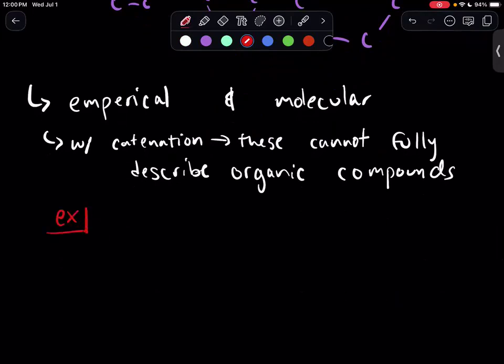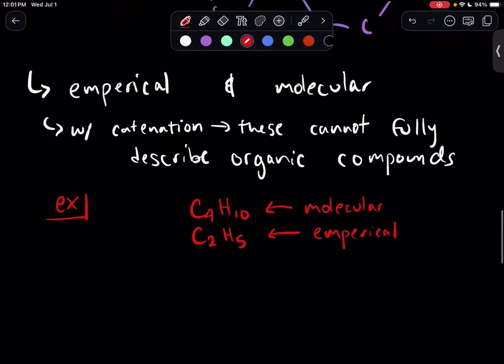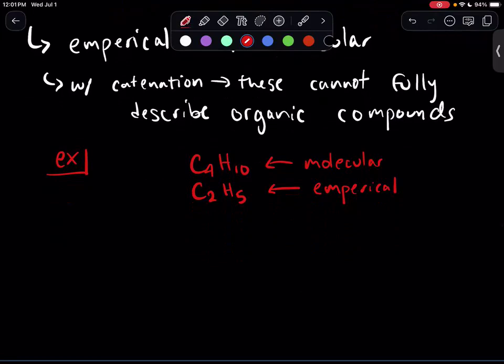So let's take the formula C4H10. Now, because it's simplified, or not simplified, you know that this is likely a molecular formula, and it is. I can do the empirical of C2H5, and I can go ahead and even draw something similar to a Lewis diagram of this.